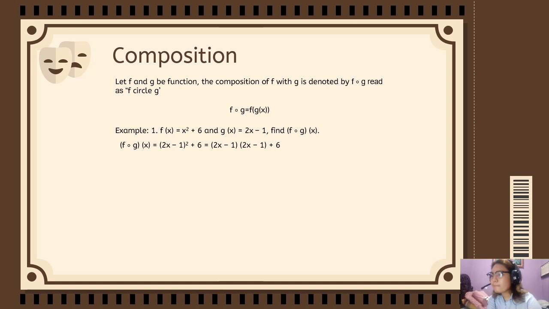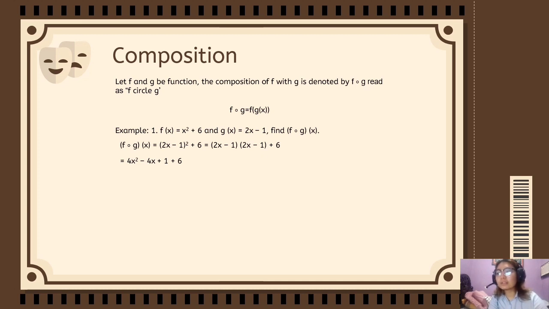Ito, imumultiply na natin siya. Erase muna natin para di gano'ng magulo. Ito yung 2x minus 1, 2x minus 1, kasi diba squared siya. So, therefore, i-multiply na natin to dito, then dito, then dito.